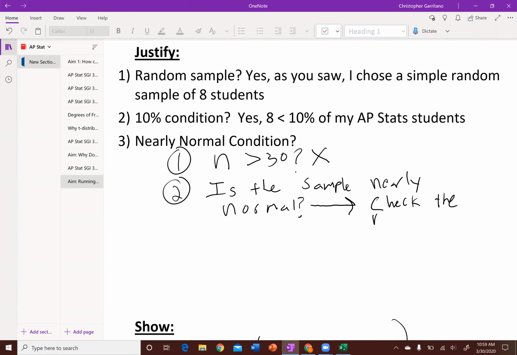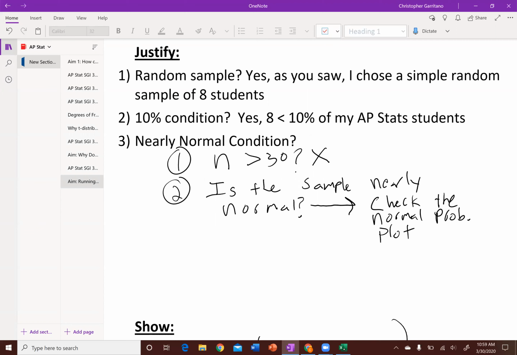the normal probability plot. You might recall the normal probability plot is a data display that we learned about months and months and months ago. And the idea is if the normal probability plot looks linear, then that data can be assumed to be nearly normal.